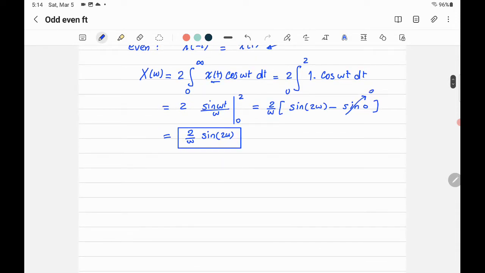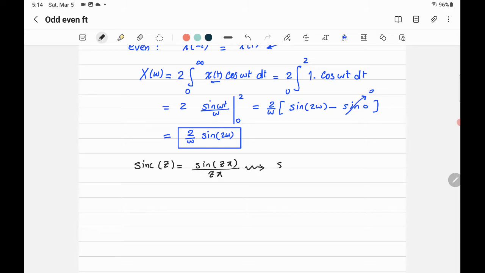Sometimes it will be required to express the solution in sinc terms. So what is sinc? Well, sinc is defined as that: sinc z is equal to sine z pi divided by z pi.